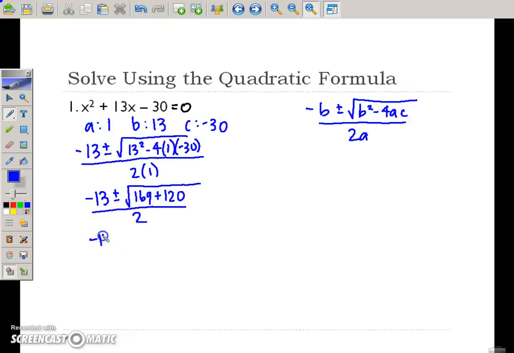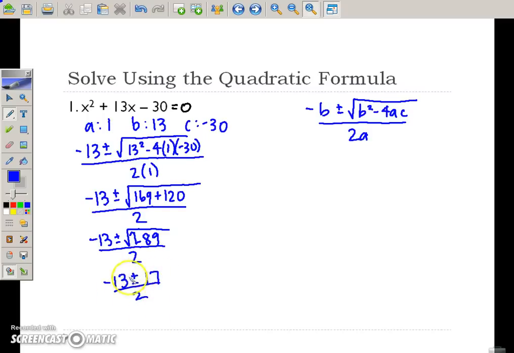Then we have negative 13 plus or minus the square root of 289 all over 2. Like we said earlier, 289 is a perfect square. The square root is 17. So we can say negative 13 plus or minus 17 over 2.